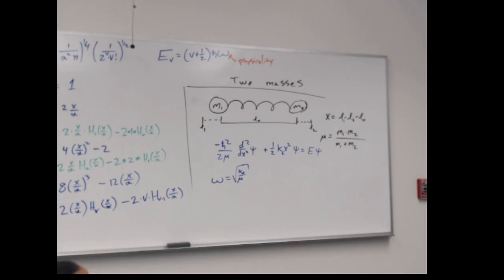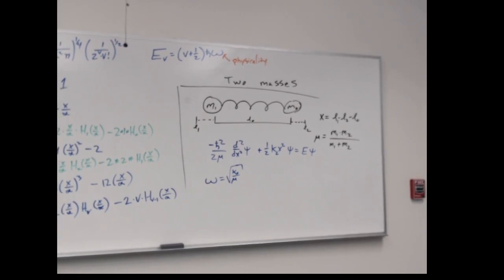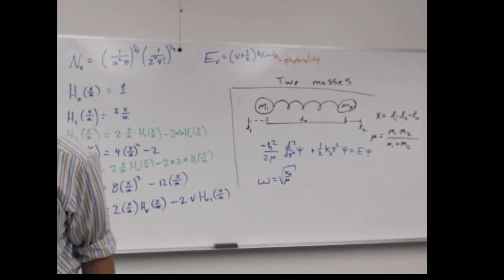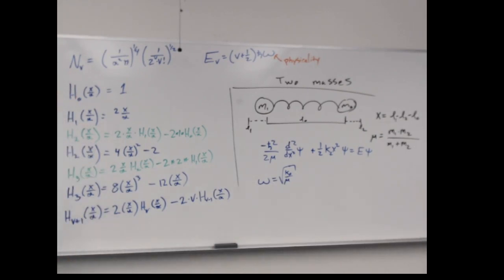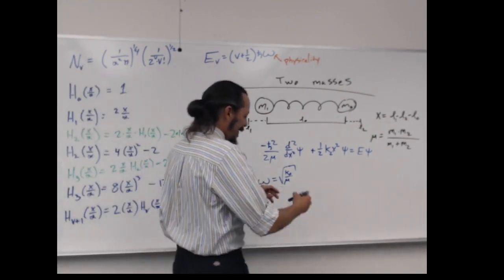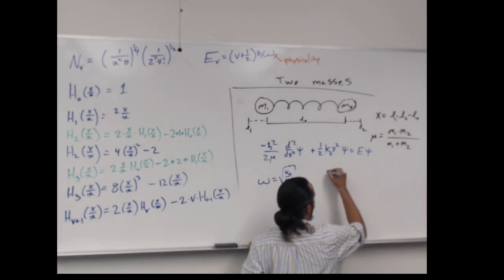And this x term, we still define everything in terms of x, but our x is defined slightly differently. After we do that, everything else comes out the same way. That's what was off.